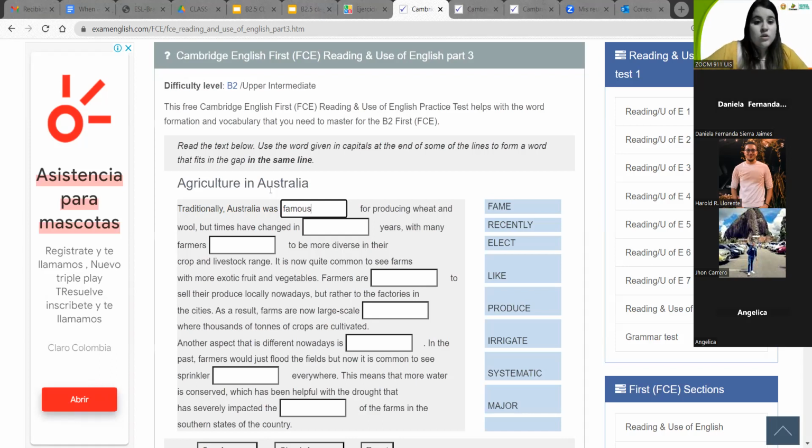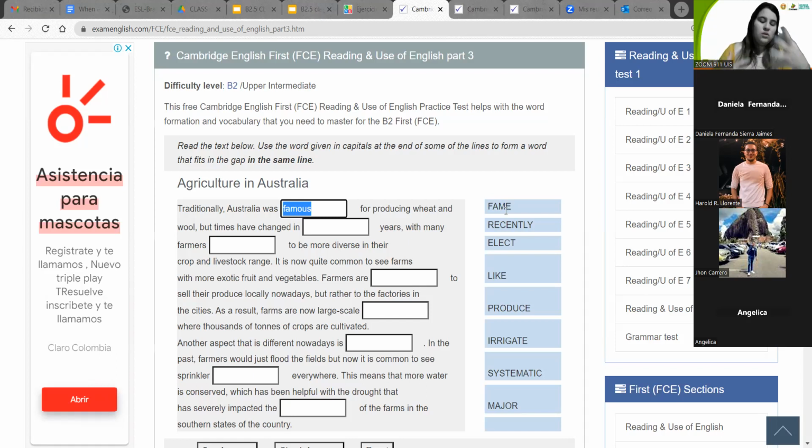So the word that we should place here is an adjective. Fame is not an adjective, fame is a noun. So how can we transform that noun into an adjective? It is important to know prefixes and suffixes that form adjectives, or that form nouns, or that form verbs, or that form adverbs. Okay, so that's why we're doing this today.